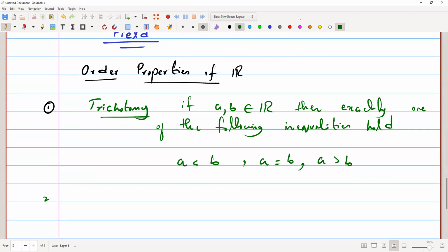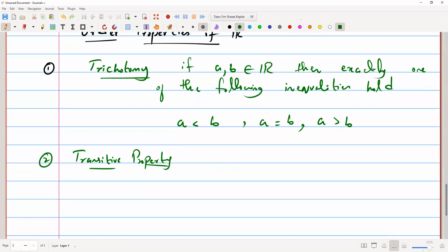Then we have the transitive property. The transitive property says that if a, b, c belong to the set of real numbers, that is R, then a less than b and b less than c simply implies that a is less than c.